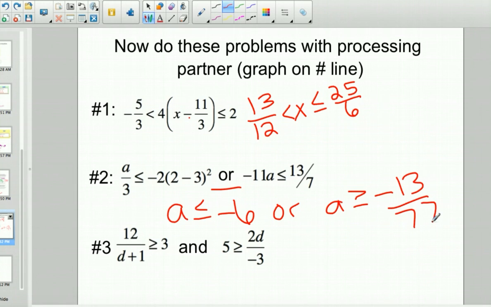Next one is an and inequality. We should get -15/2, which is less than or equal to d, which is less than or equal to, or actually just +3 from that first one.